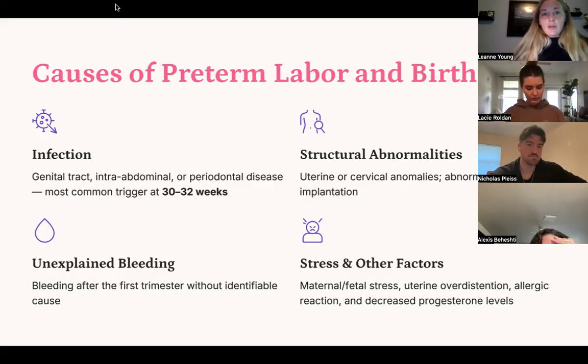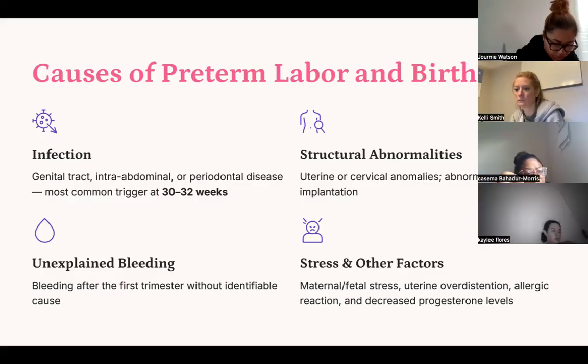Cervical anomalies, that could go back to our last week when we talked about cervical insufficiency. Is the cervix extremely friable? Is mom having unknown sources of bleeding throughout her pregnancy? Has mom had a history of early delivery or early births? That kind of thing.